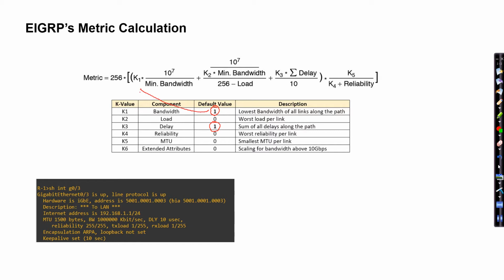K1 is 1, so this is in use. K2 is 0, and any number divided by 0 is considered undefined. Therefore, this is not in play. K3 is equal to 1, so the delay is in use. And K4 and K5 are 0, therefore they are not in use.